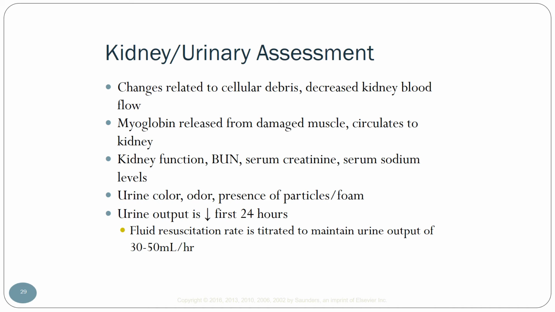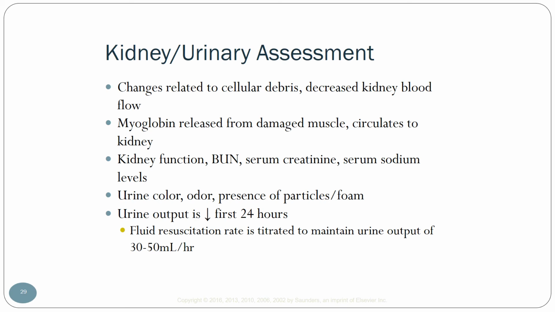We see myoglobins released from any damaged muscle, and that's additional cellular debris that may end up at the kidney, causing acute kidney dysfunction. We need to be monitoring BUN, creatinine, and sodium levels. We need to make sure that we monitor urine color, odor, presence of any particles. Urine output, again, will decrease in the first 24 hours.